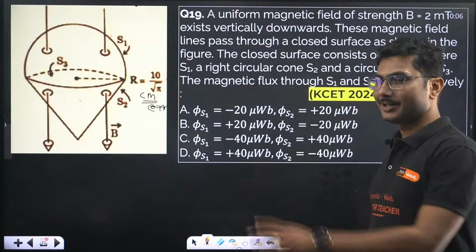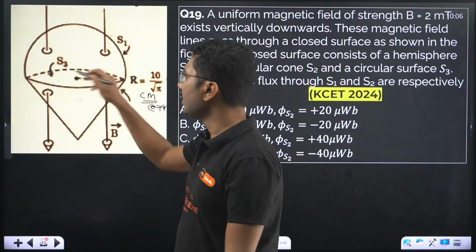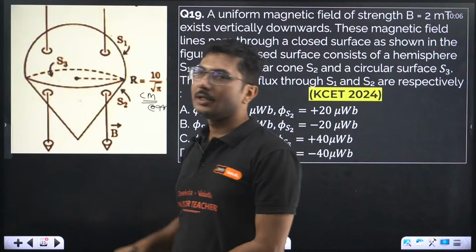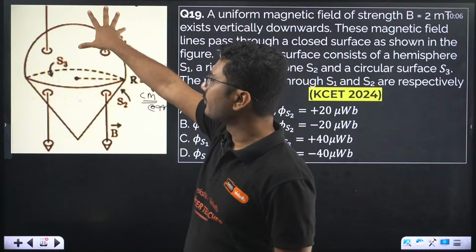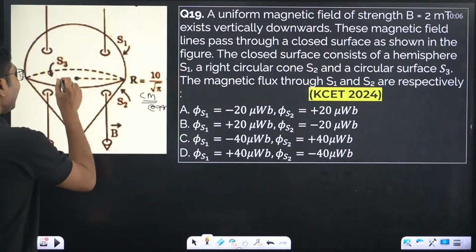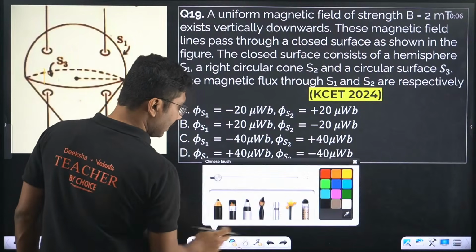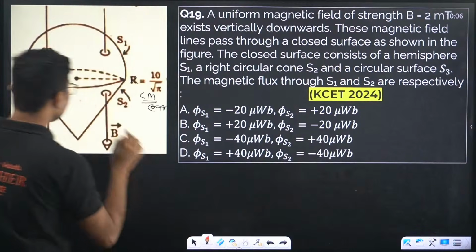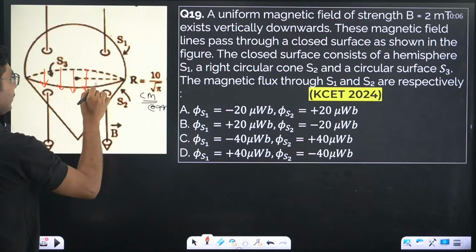So here the question looks complicated, right? We have a hemisphere, we have a cone, we have a circle. How to calculate? Remember, it does not matter if the surface is a hemisphere or a cone. Every field line is passing through this surface.